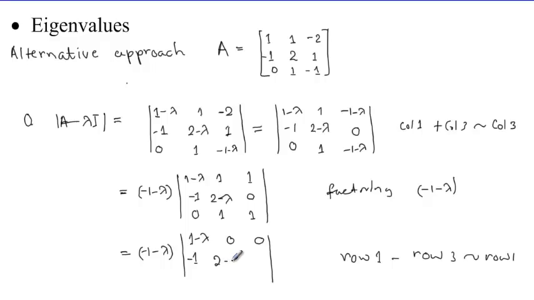2 minus lambda, 0, 0, 1, 1. So what we should see is that this actually simplifies the determinant we're going to calculate here.